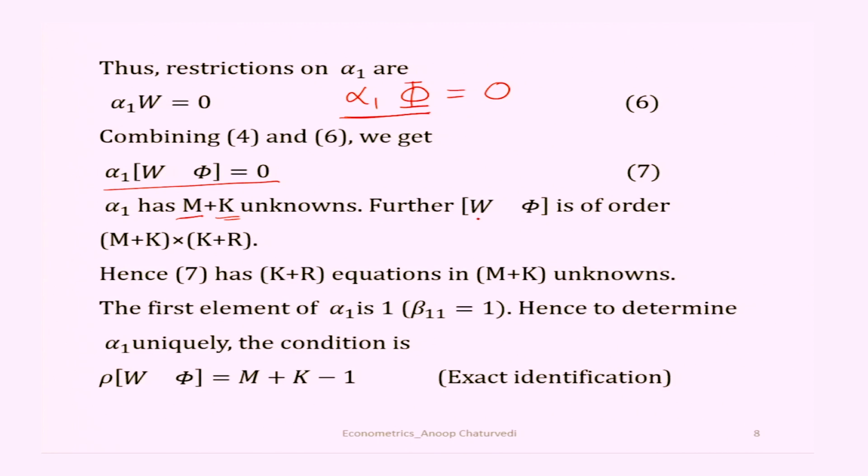Then W phi is of order m plus k cross k plus r. Number of restrictions is, you have r restrictions from the relation alpha_1 phi equal to 0, and then you have k restrictions from here, alpha_1 W equal to 0.